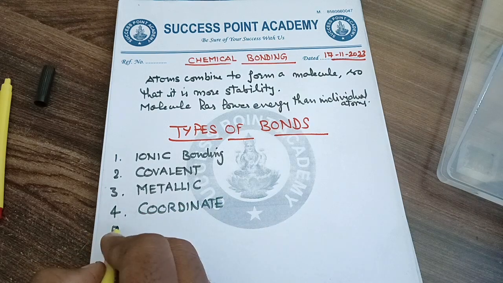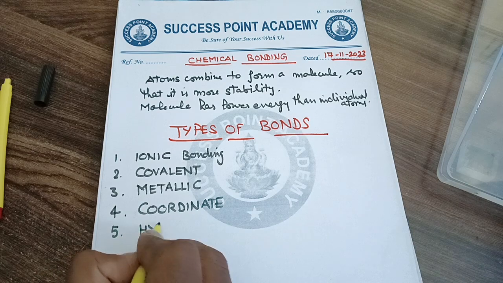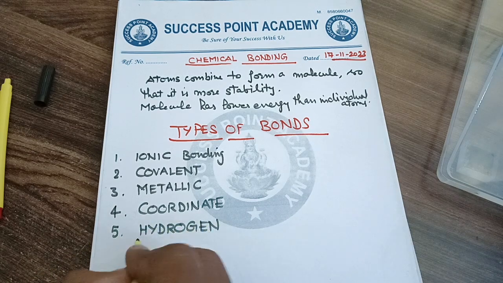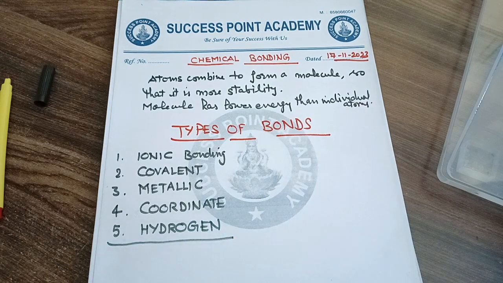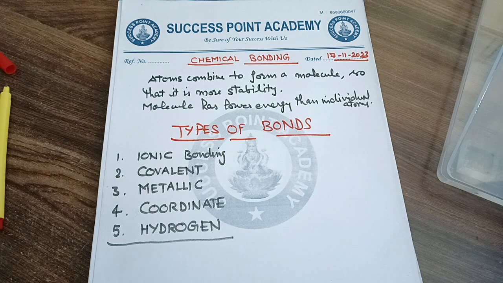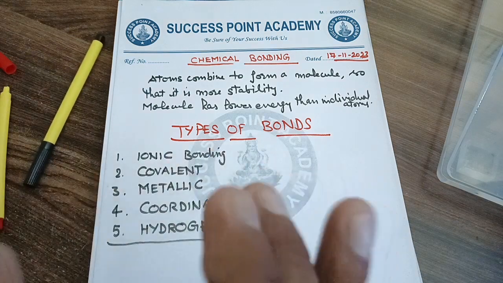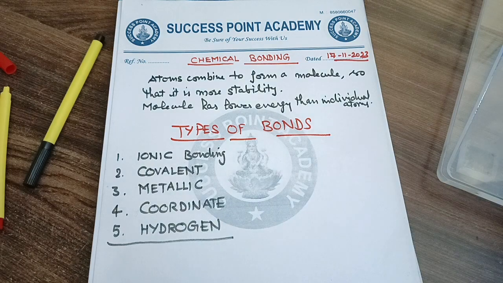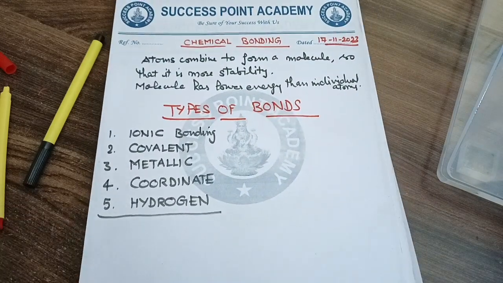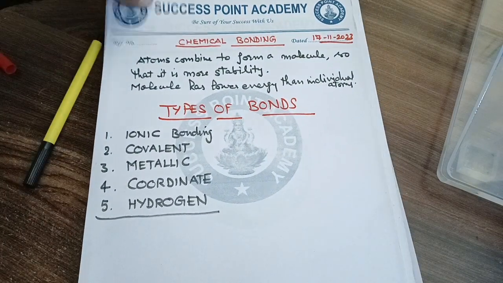Then hydrogen bond. So these are important types of bonding through which various atoms combine to form molecules, and molecular structure is also established through these types of bonding. So let us try to understand them one by one.